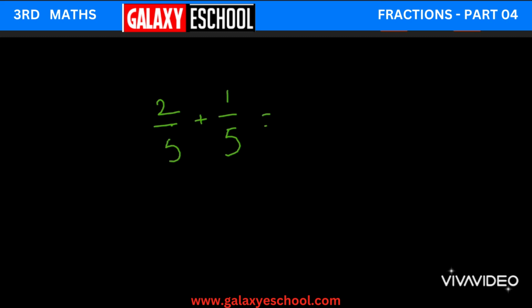To add these 2 together, we need to add the numerators. 2 plus 1, and this whole thing divided by our 5. As both the denominators are the same, we combined and wrote a single denominator for both the numerators.